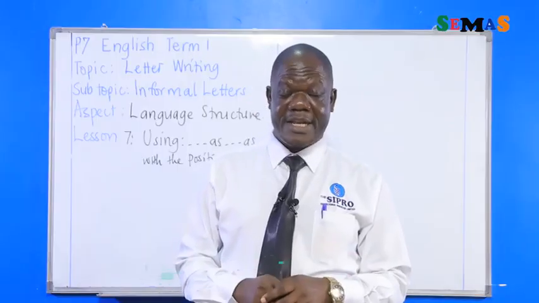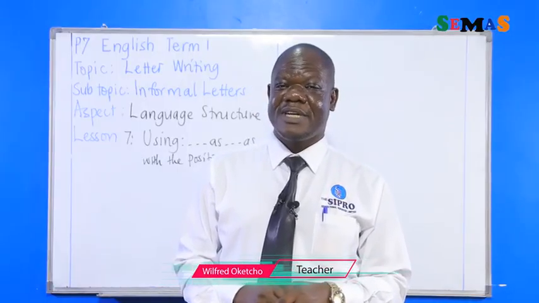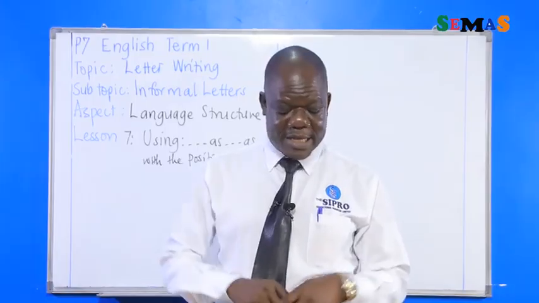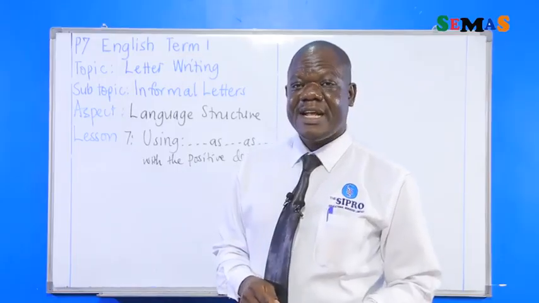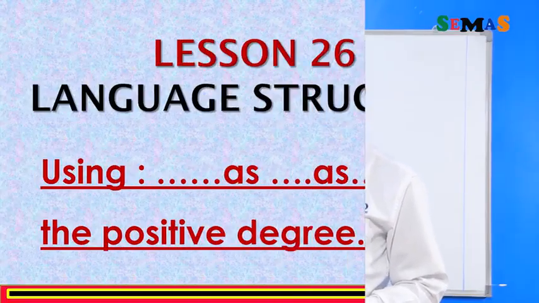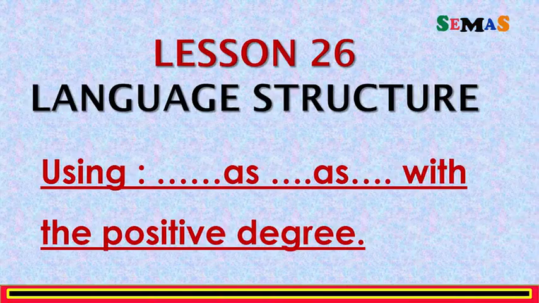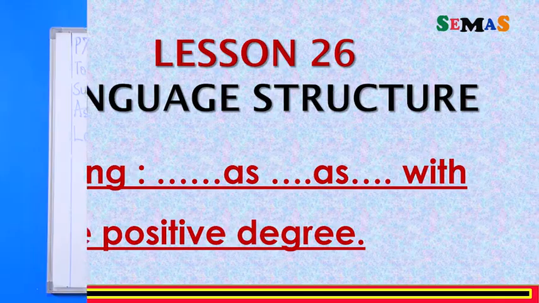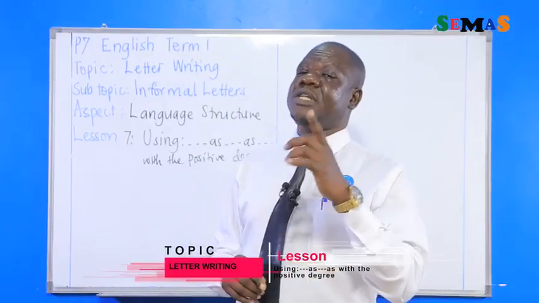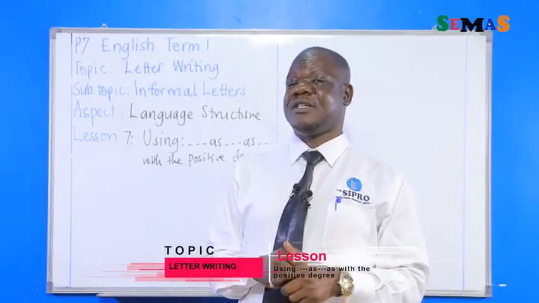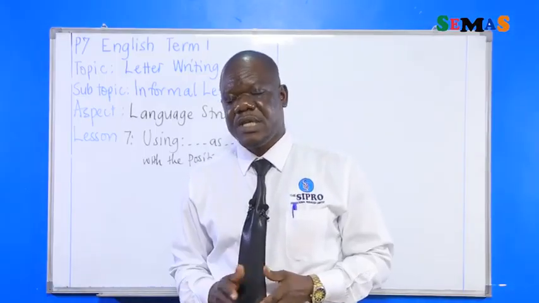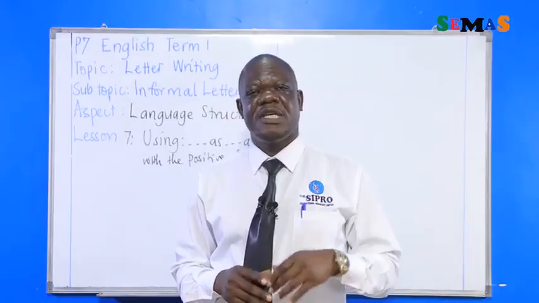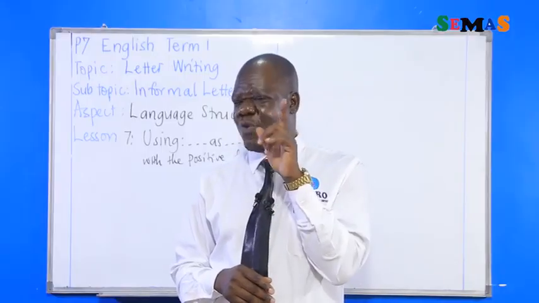For my topic, letter writing, we are going to look at the subtopic, informal letters. In this lesson, we are looking at a language structure using "as ... as" with the positive degree of an adjective. You've already known what the degrees of adjectives are, and I'm sure you still remember that the positive degree is when we use the adjective to talk about one thing.